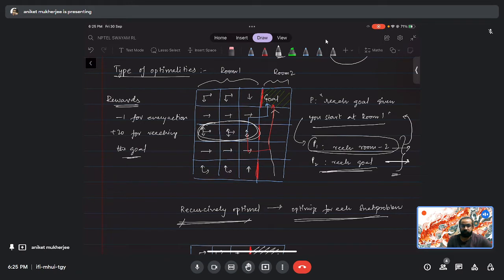Once you have reached room 2, you wanted to go to the goal, but the optimal policy for reaching room 2 might take you to a solution which actually takes more time to reach the goal, so it doesn't search through policies which follow the hierarchy.